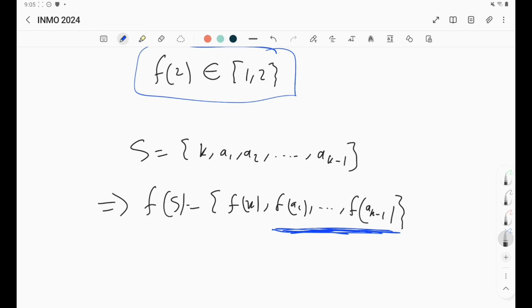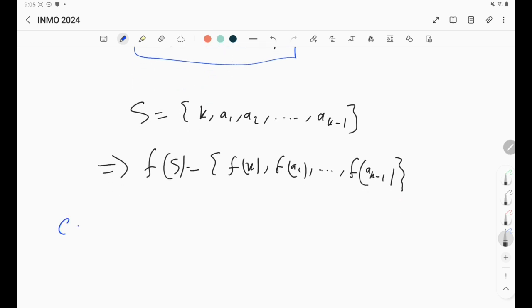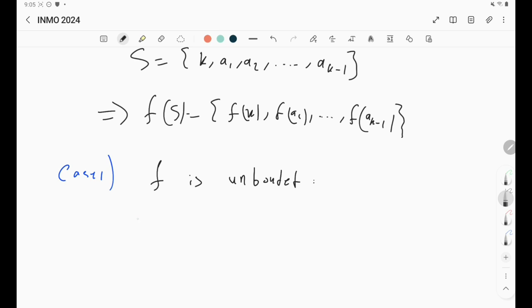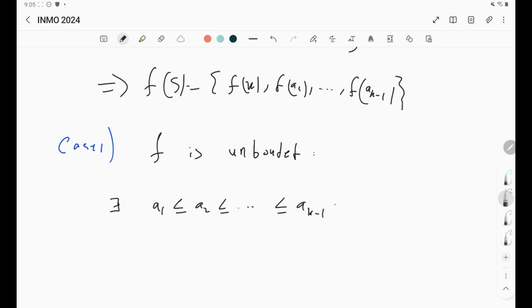So here we can discuss two cases. Case 1: f is unbounded. In this case we can simply choose a1 less than a2, and so on, such that f of a1 isn't equal to f of a2.